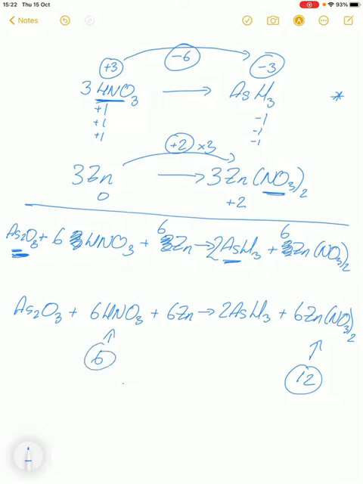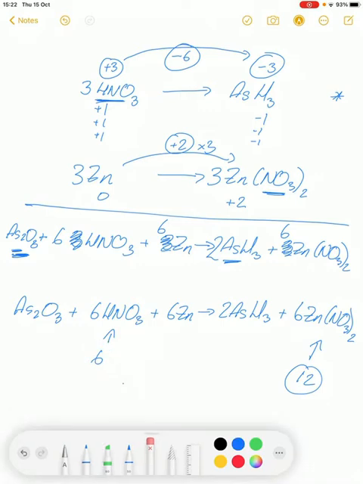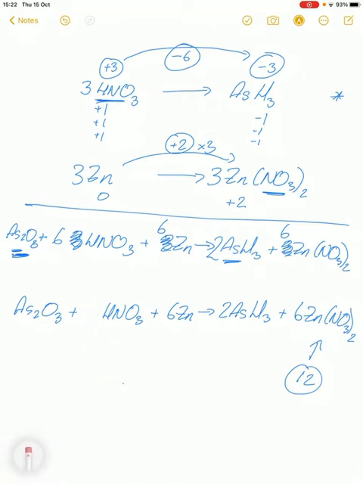So what I'm going to do is I'm going to add another 6 nitric acids to that, which will make the nitrogens balance. Okay, so if I add another 6 to that, that will make that 12. So I've got 12 nitric acids over here. So that now gives me my 12 nitrogens. So the nitrogens balance, the metals balance.